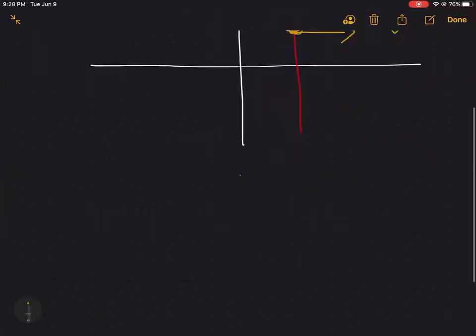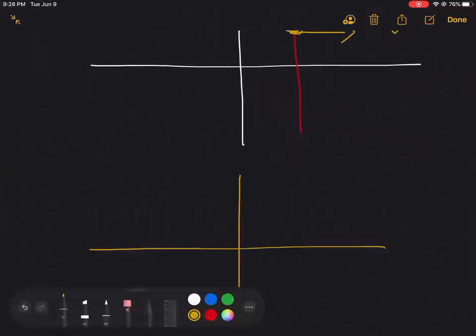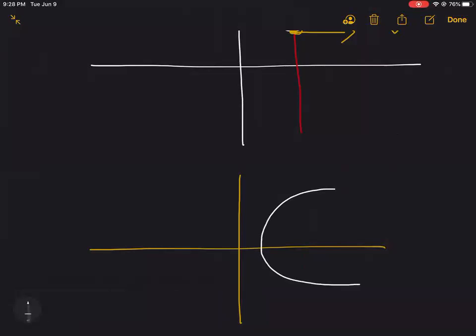Okay, let me draw a new line of axis. Let's say our curve looks like this. Now again, as I said, the basic idea is you need to draw a line parallel to the y-axis. If I do that, that's my y-axis. If I draw a parallel line to that, as you can see, that parallel line has intersected my curve at 2 points.